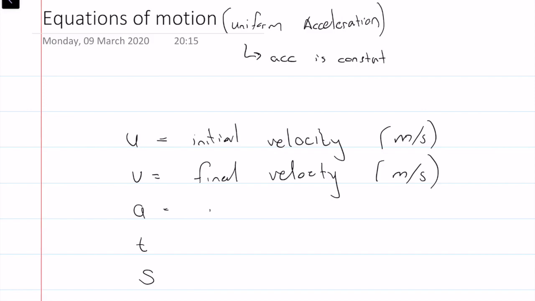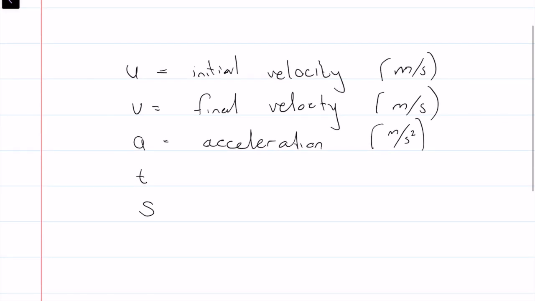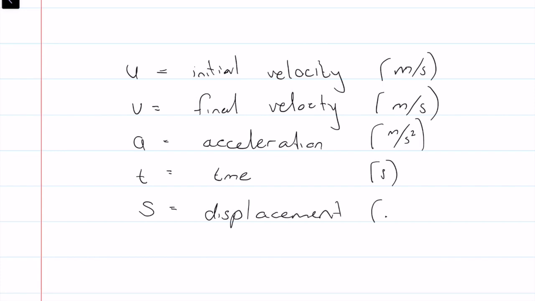Our A is our acceleration, and the units for acceleration are meters per second squared. T stands for time, in seconds. And lastly, our S is displacement, and our displacement is in meters. The S obviously doesn't stand for seconds.